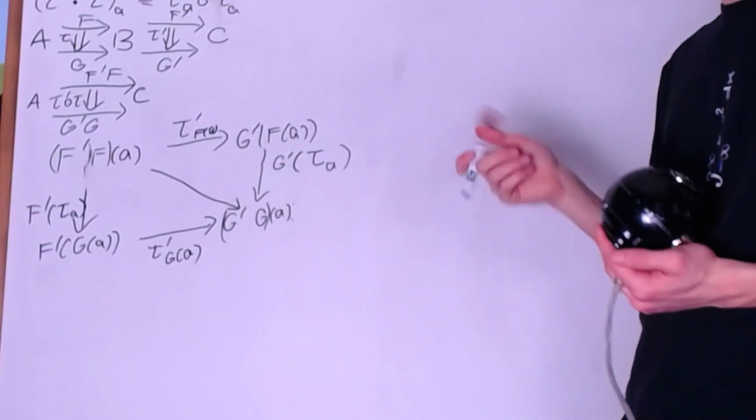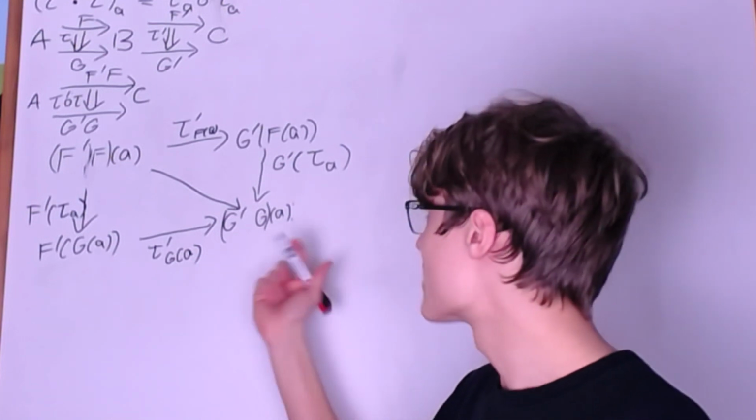Now, that diagonal can be defined in two different ways, which is the reason for me drawing out this insane diagram.